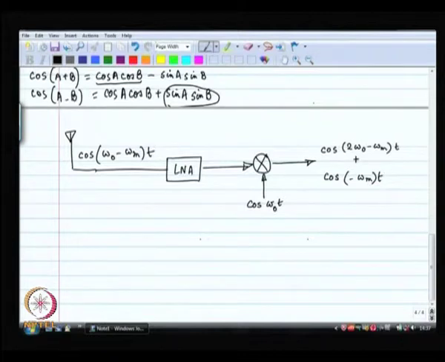Cosine of minus theta is the same as cosine of theta. What happens if I multiply it with a sine?